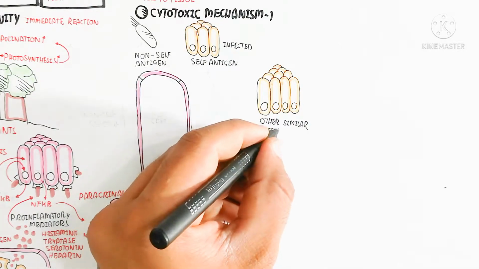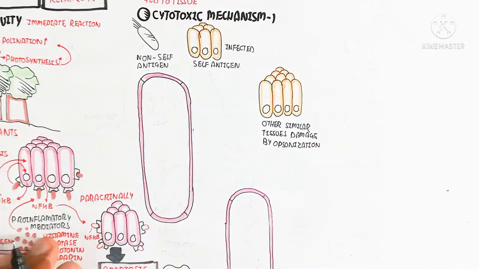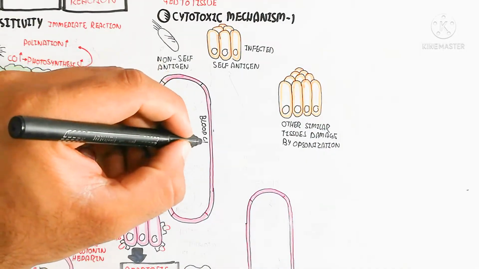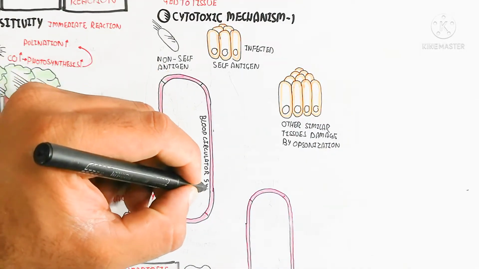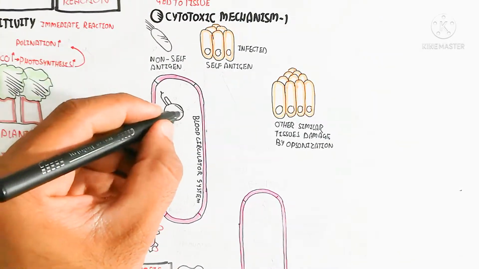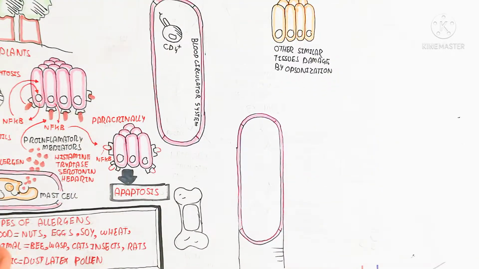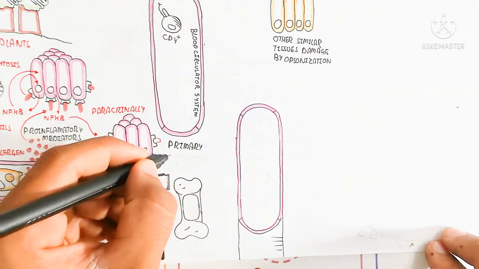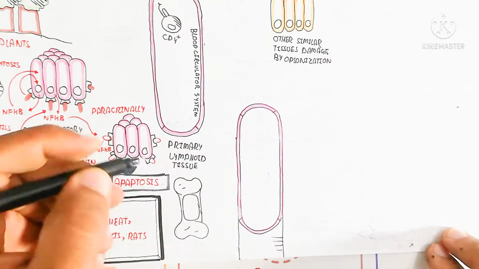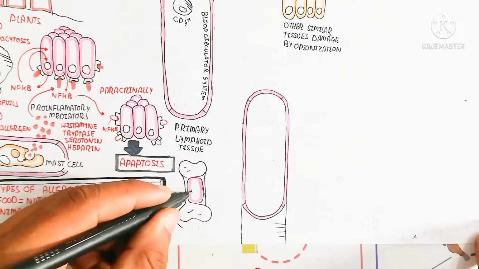If so, the naive B cell and naive CD4 T cell, which reside in the primary lymphoid tissue, are involved. And the CD4 T cell will recognize both non-self antigen and self antigen, both can occur.